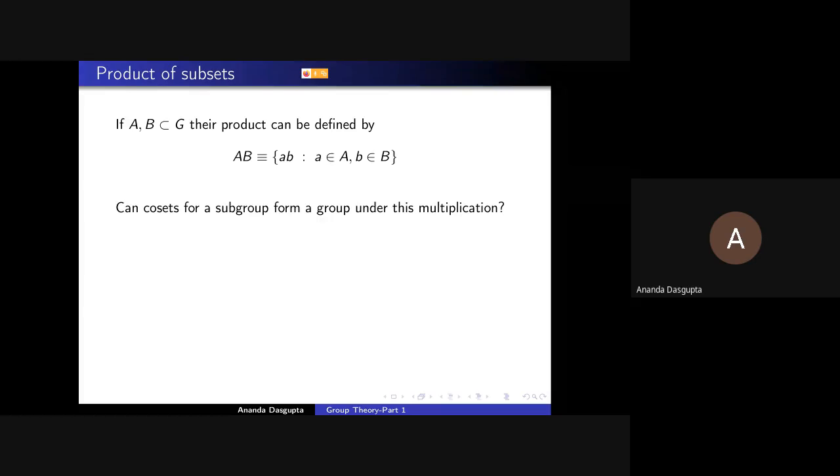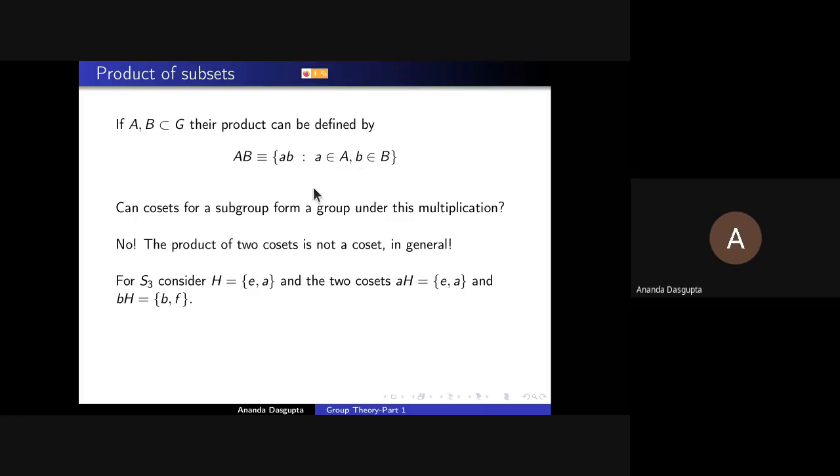They're all of equal length, remember, the same length as H. Can they form a group under this multiplication? That's the question. So the answer in general is no. The reason for that is simple. This will violate closure. If you multiply two cosets by this rule, you will usually not end up with a coset.